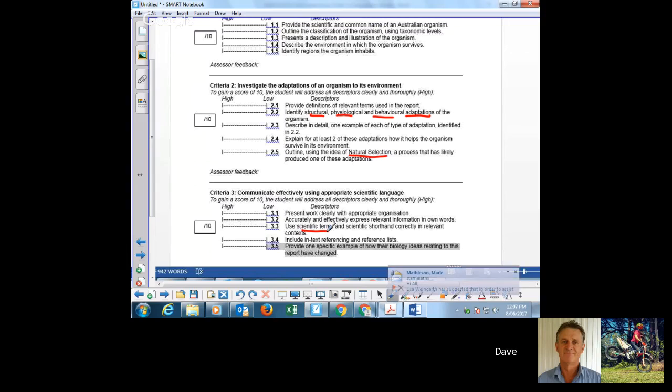It's a structural thing, and you're identifying that it helps it to be camouflaged, so it's a structural adaptation. You might present this as a table: structural adaptation number one, colour of skin. How does it help it survive? By making it difficult to be seen by its prey.